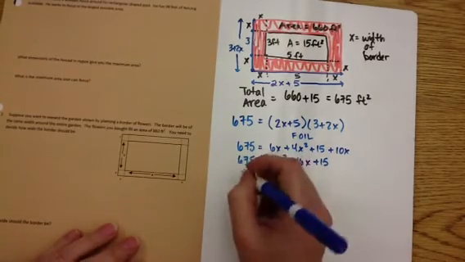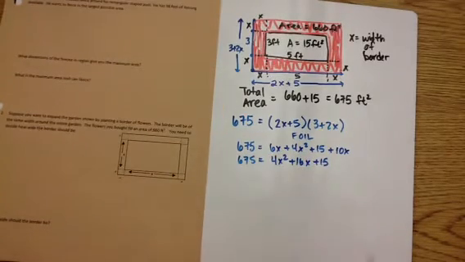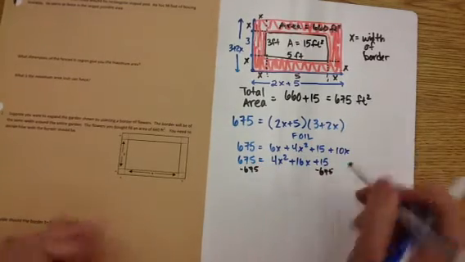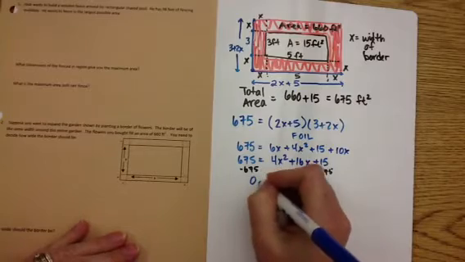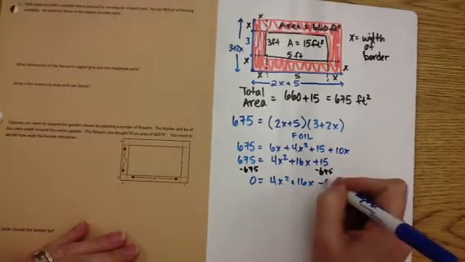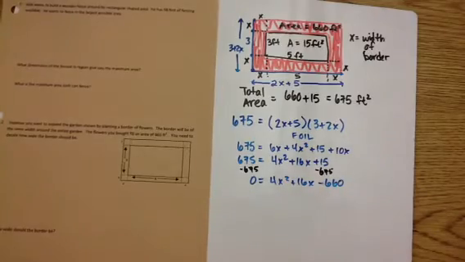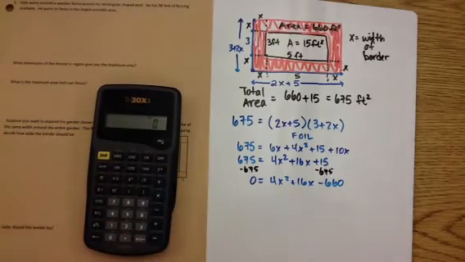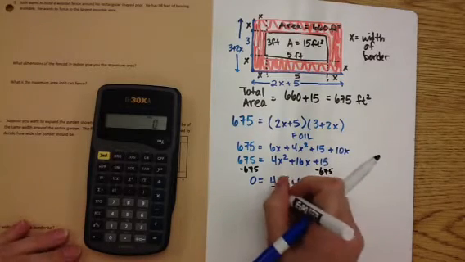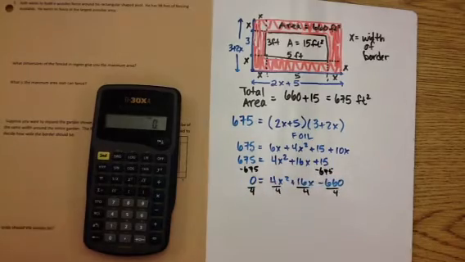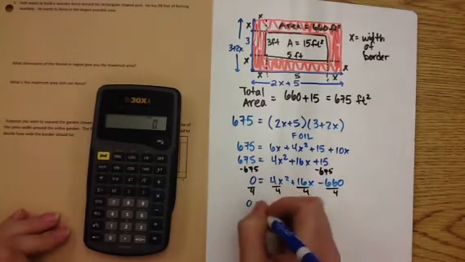I'm going to go ahead and subtract my 675 over here, so that I get 0 equals 4x squared plus 16x minus 660. Now it looks to me like I can divide each of those terms by 4, so let's try that. So 0 divided by 4 still gives me 0.